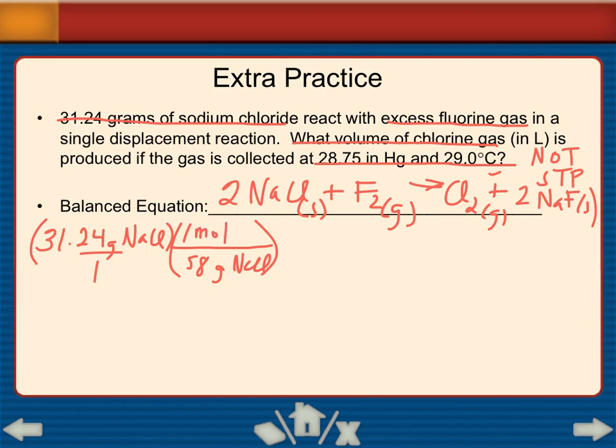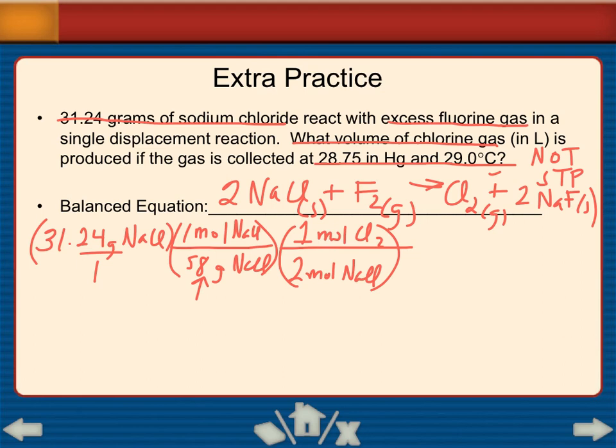So a lot of rounding here, so you may actually want to look this up with some more decimal places. 1 mole of NaCl. 2 moles of NaCl produce 1 mole of chlorine gas. That's our product.